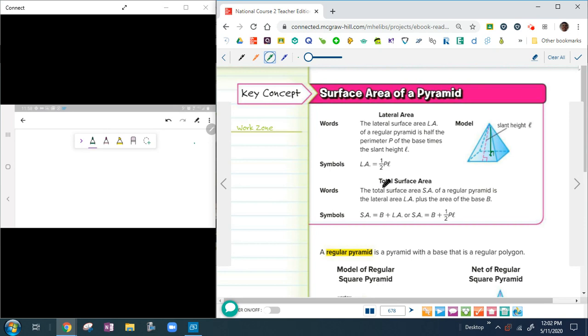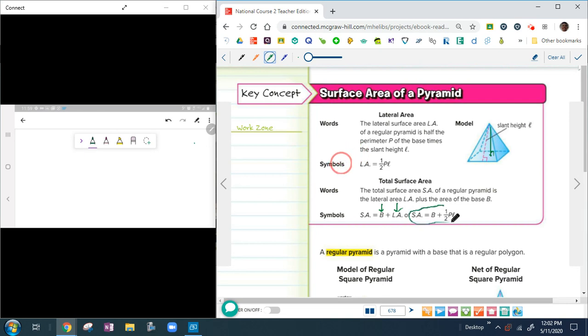To get the total surface area, we're simply going to find the area of the base and add it to the area of all the other triangular sides, the lateral area. So the surface area of a pyramid is the area of the base plus the lateral surface area. Another way to write that is this here.